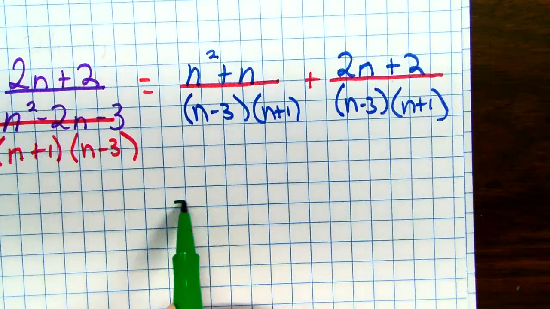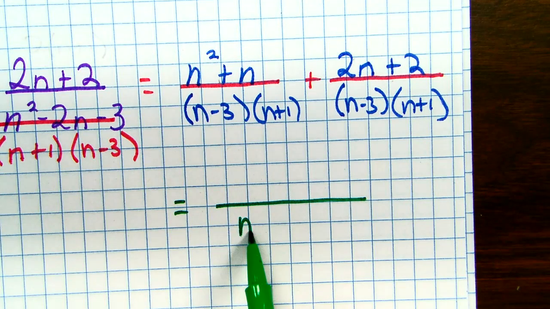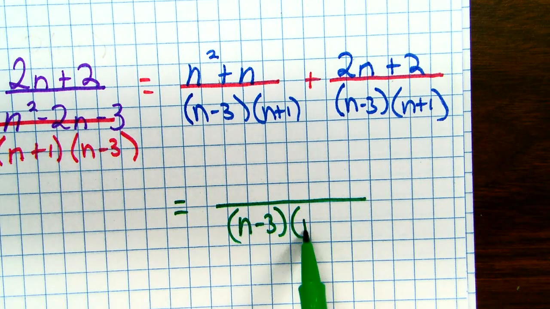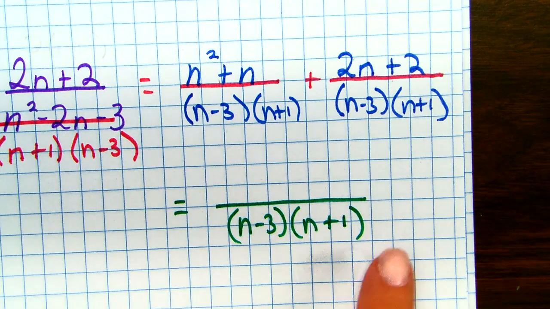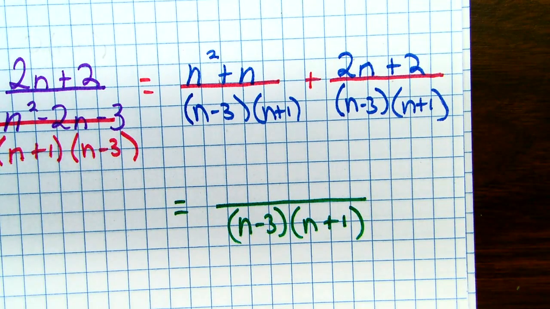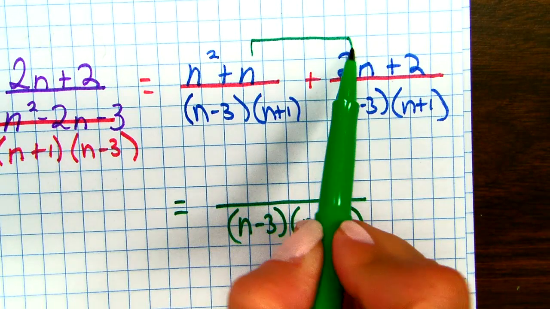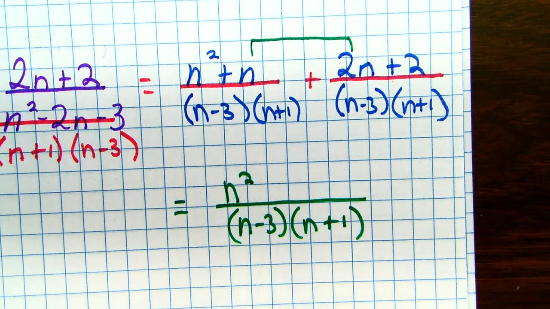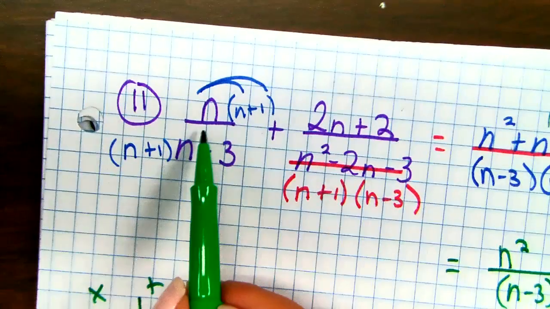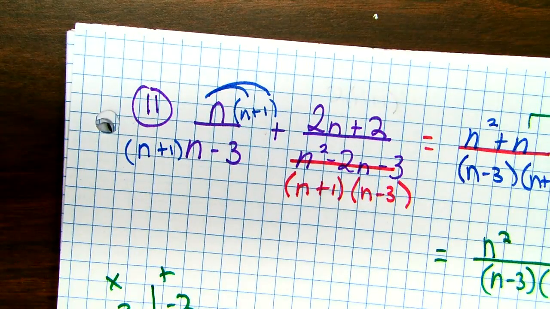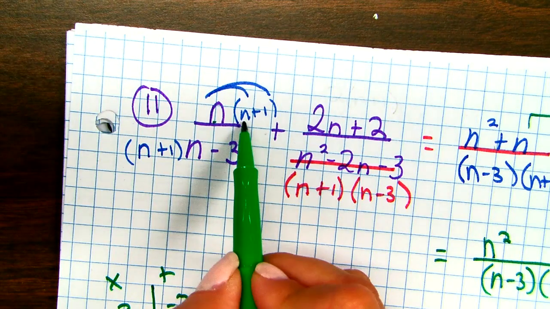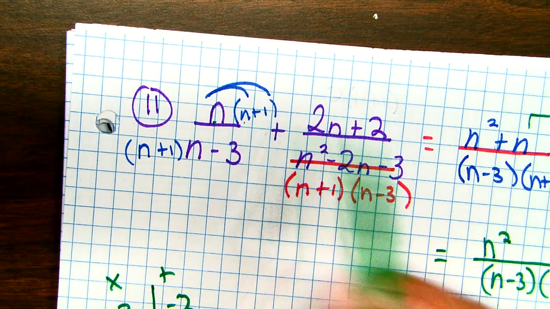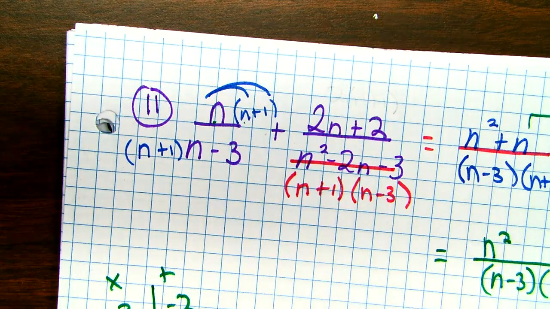That's a little tricky. Okay, we know our common denominator is n minus 3, n plus 1, right? Any order, you can flip those if you want. Combine like terms. I see these two are alike. When I multiplied my numerator by n plus 1, n times n is n squared, and n times 1 is 1n, or n.